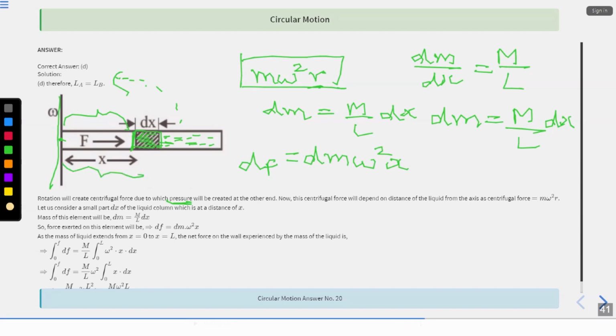So from x is equal to 0 to L, we'll integrate it. Therefore, we'll write it as integral 0 to F df is equal to m by L. M and L are constant, so we'll take them outside, omega square x dx. I can take omega square outside also.